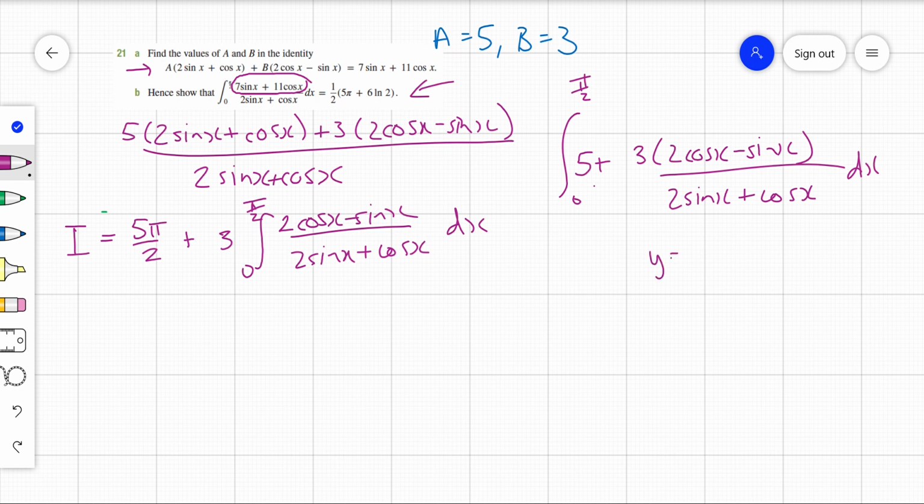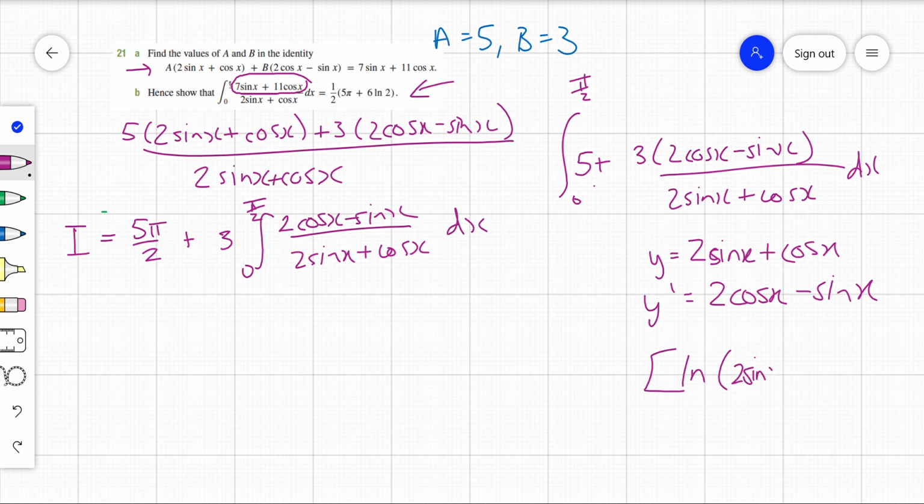If I look at the bottom, which is 2 sine x plus cos x, and I differentiate that, look what you get: 2 cos x minus sine x, which is the top. So we've got a log straight away there. We've got a 3 outside, and we're going to get a log of the bottom, which is 2 sine x plus cos x, between those limits.